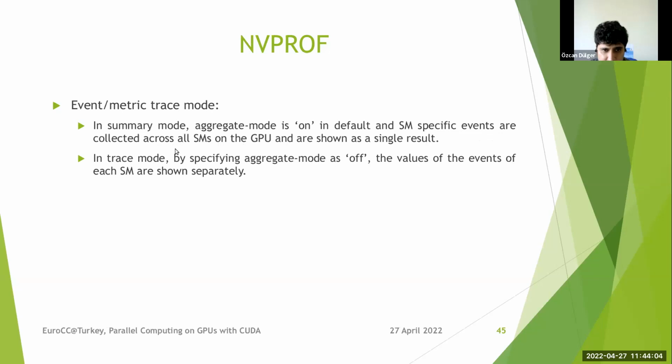In trace mode, by specifying aggregate mode as off, the values of the events of each streaming multiprocessor are shown separately. So the results of events or metrics are shown separately for each streaming multiprocessor in event metric trace mode.